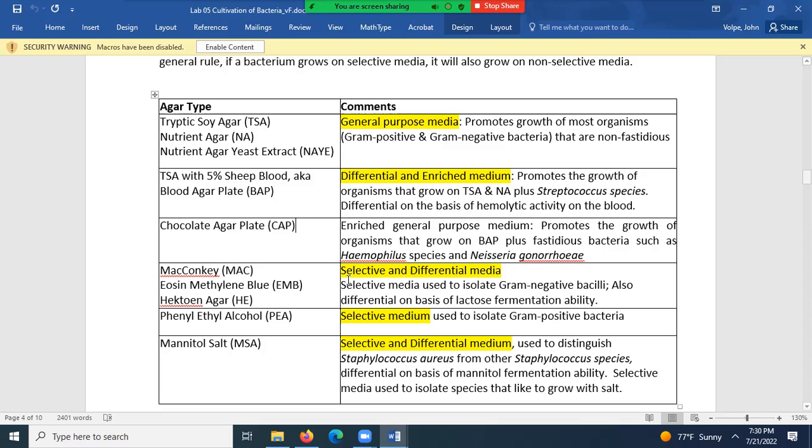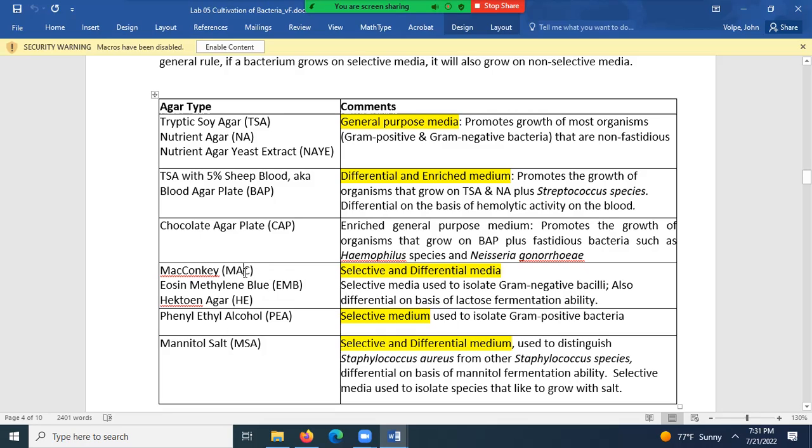All of them are selective, and they select against gram-positives, so only gram-negatives can grow on these plates. All three of them are also differential, and they're differential on the basis of lactose fermentation. They will be a different color if they ferment lactose than if they do not ferment lactose.